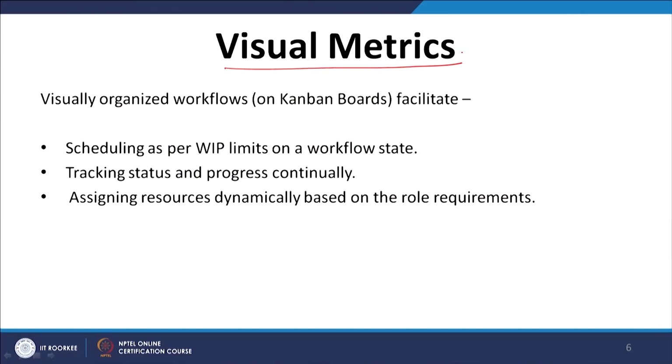Then Kanban, as we already understood, is a visual signal. So, visual metrics play a very important role in the success of Kanban. Visually organized workflows facilitate scheduling as per WIP limits on a workflow state. Like in our Kanban card we discussed in this session, the WIP limit is 2.